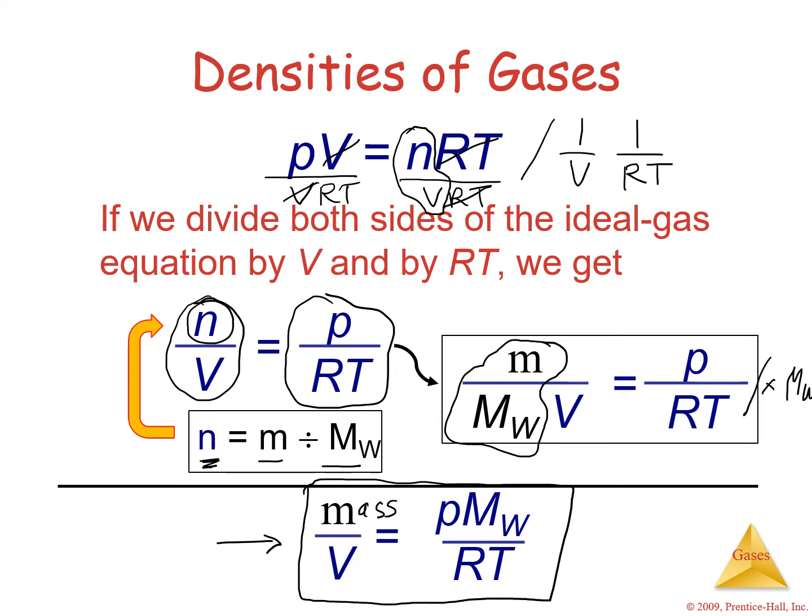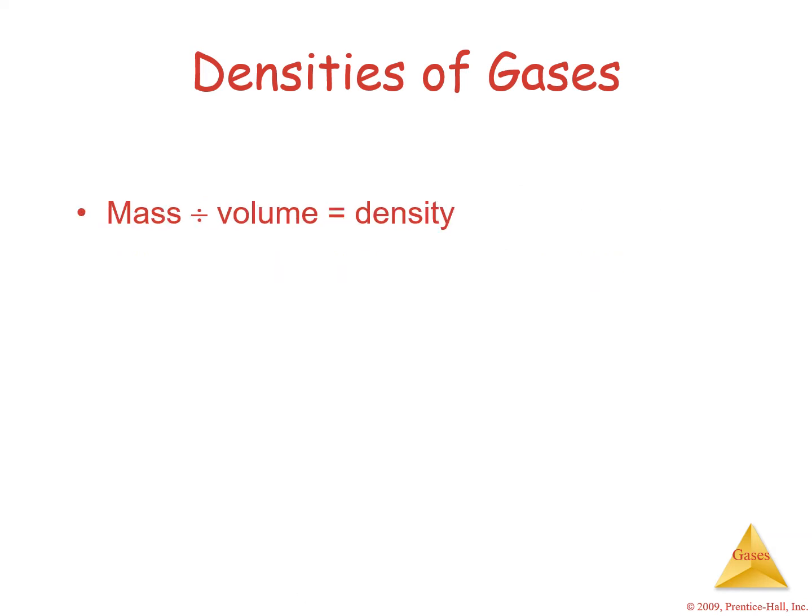And if you recall the definition of the density from Chapter 1, it was one of the first definitions, where the ratio of mass over volume is the density. So in our rearranged equation PV equals nRT, we see nothing else but the ratio of mass to volume, which is the density of the gas.